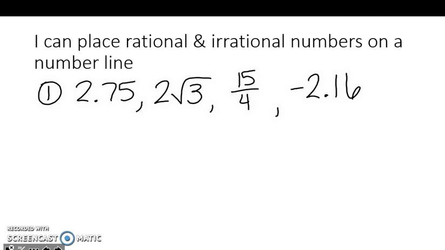So 2.75 is already a decimal. We need to evaluate 2 times the square root of 3. That's what this means. When there's a number next to a parentheses or something, that always means to multiply. So you're going to actually just type this in exactly the way it looks.